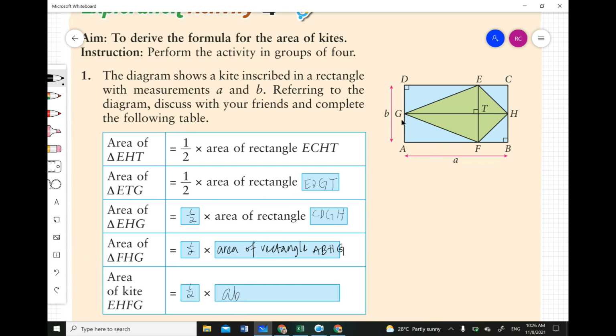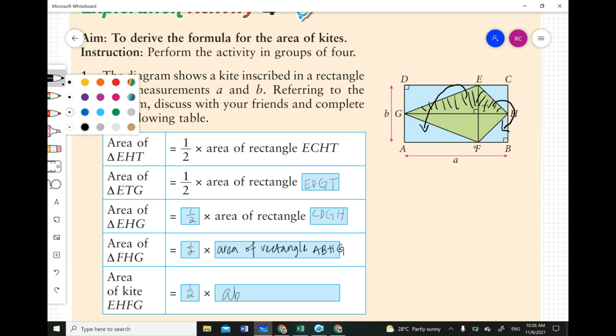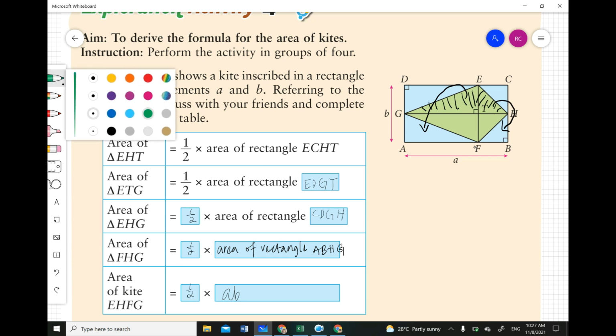So what I want you to know over here is, you can see the green colored diagram over here is a kite, isn't it? If I remove the first part here, I paste it here, and I remove this one, I paste it here. So you can see after I paste it, it becomes a rectangle.